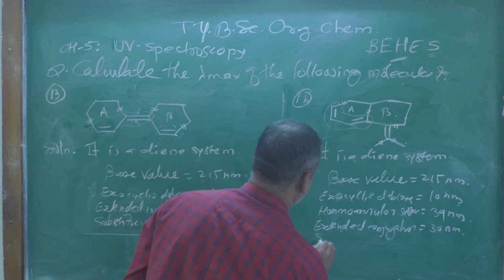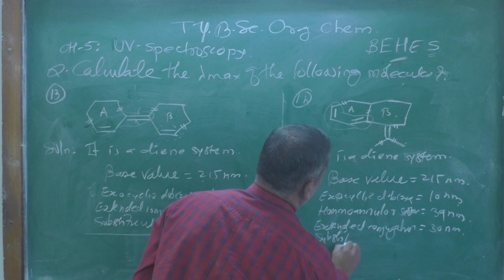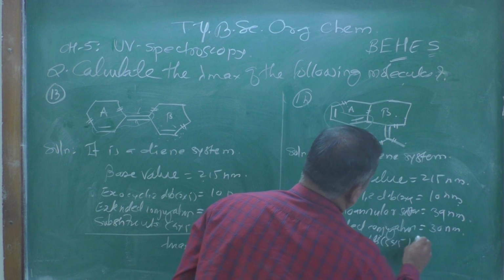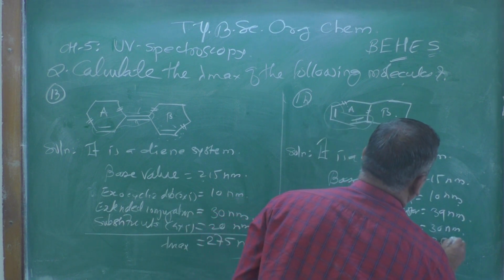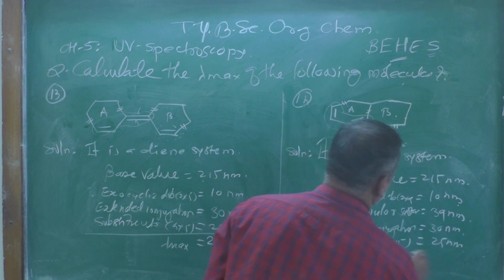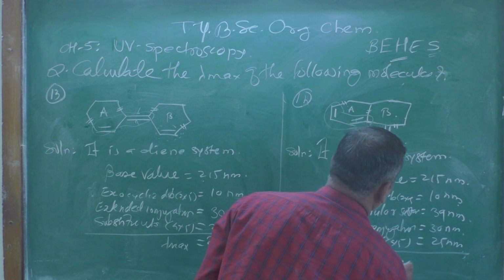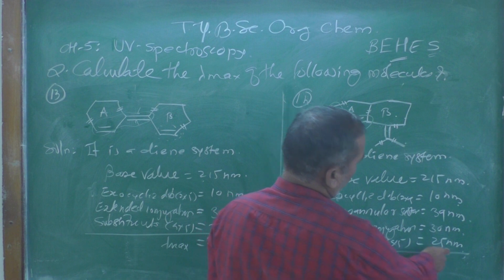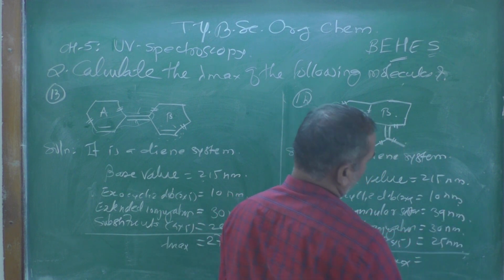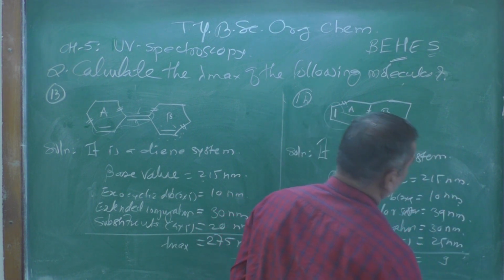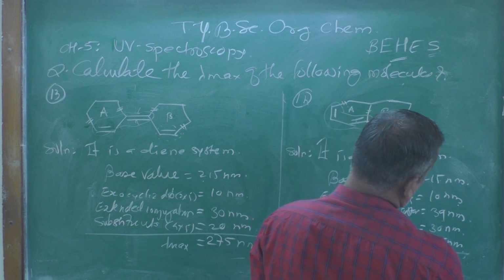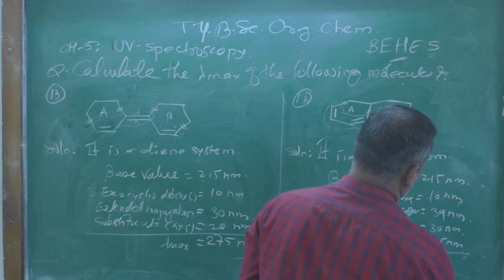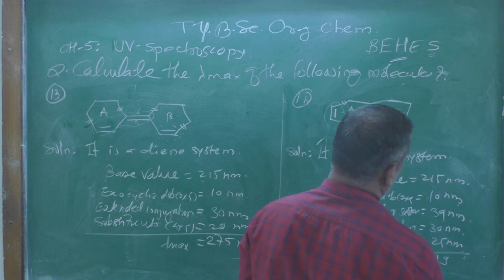So you can write here substituents. 5 into 5 totals 25 nanometer, and if you write lambda max, add this: 5, 5, 10 and 9 is 19, so you can write 9 over here and carry 1.